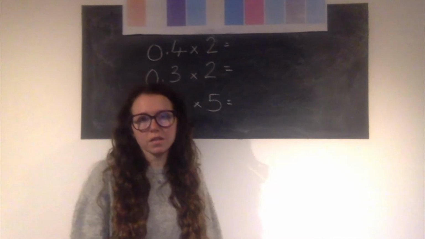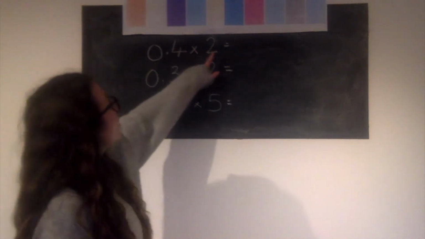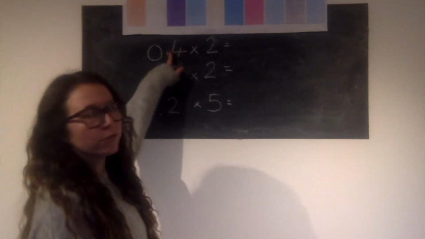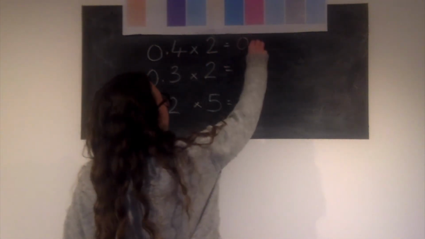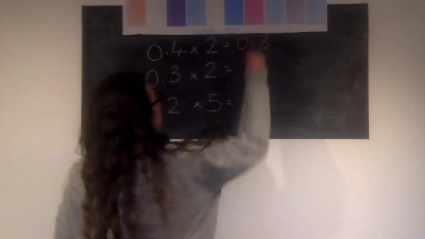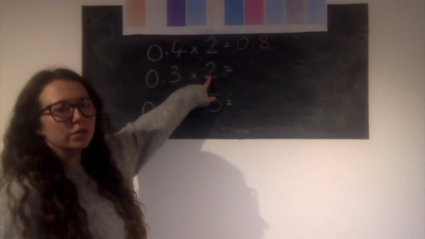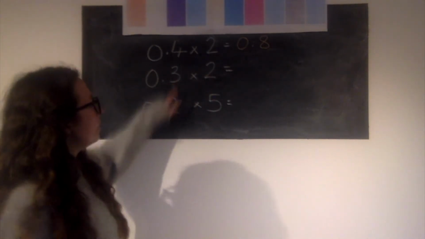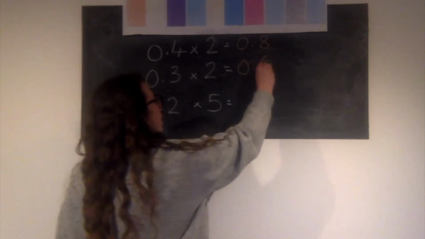Let's go through the answers, hopefully you found them nice and easy. So the first one, we had 2 lots of 4 tenths, or 4 tenths times 2. So that would give us 8 tenths, which is 0.8. The next one, we had 3 tenths multiplied by 2, so 2 lots of 3 tenths is 6 tenths, so that's 0.6.